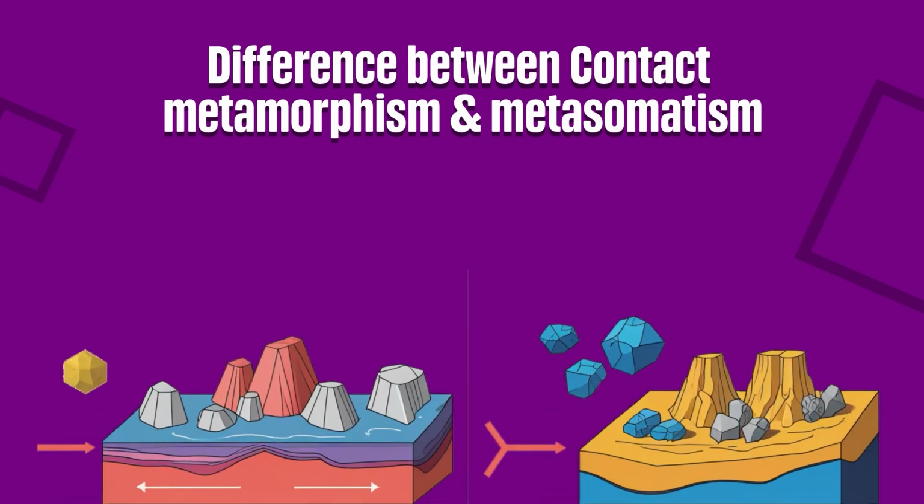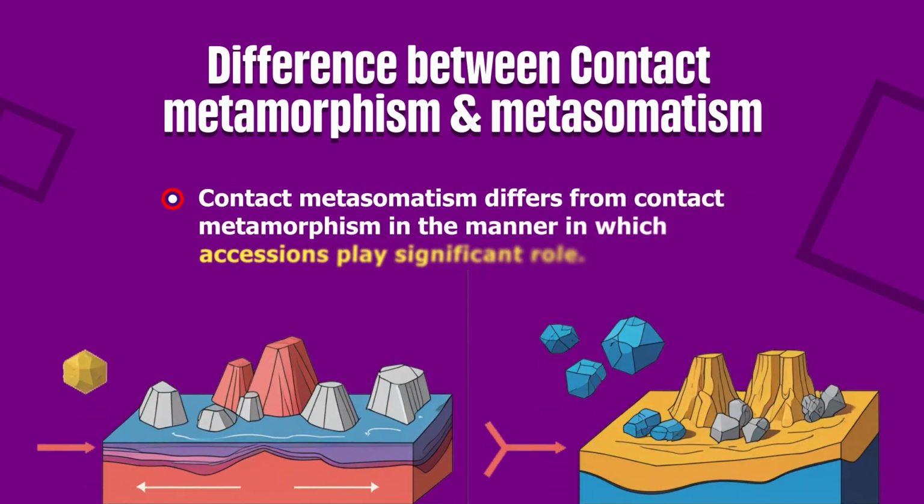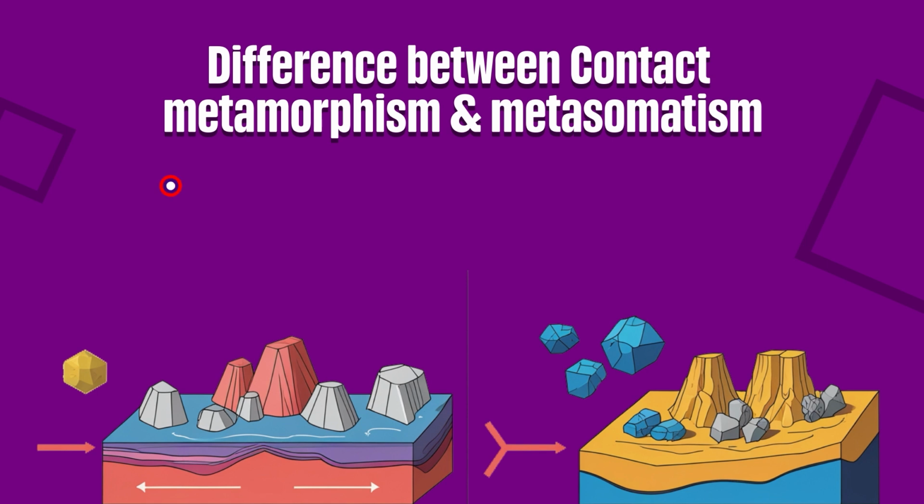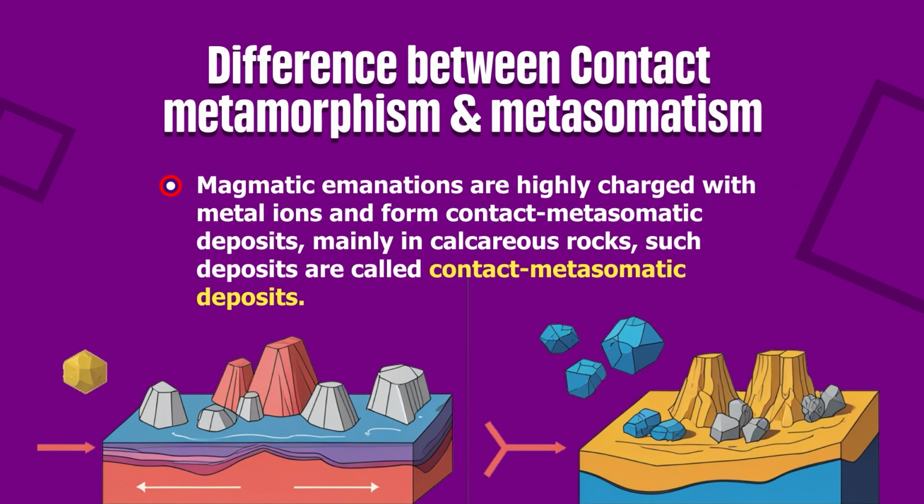Now what is the difference between contact metamorphism and metasomatism? Contact metamorphism differs from contact metasomatism in the manner in which emanations play a significant role. Magmatic emanations are highly charged with metal ions and form contact metasomatic deposits, mainly in calcareous rocks.